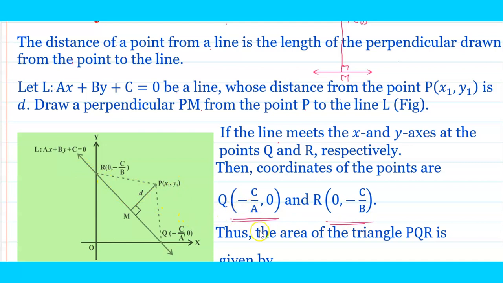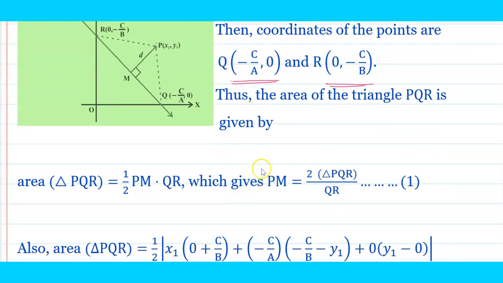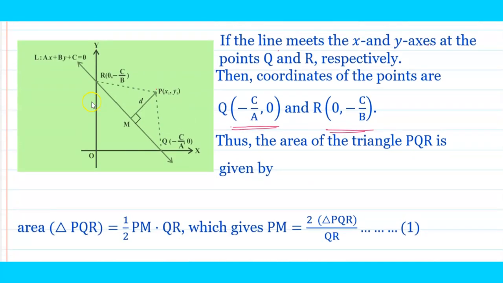Now we find the area of triangle PQR. The area of triangle PQR is 1/2 times PM, which is the height, times QR, which is the base.